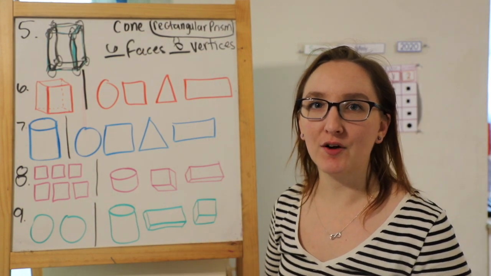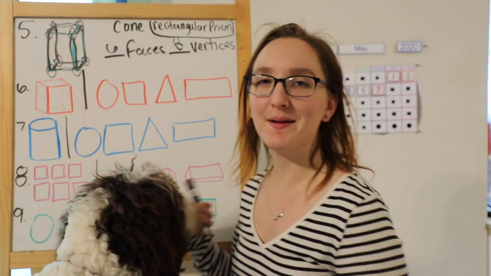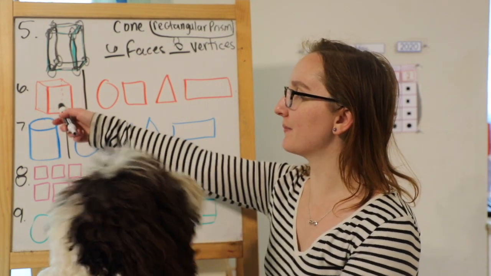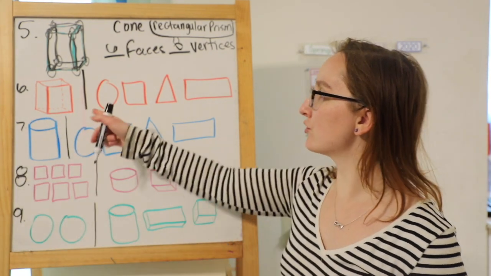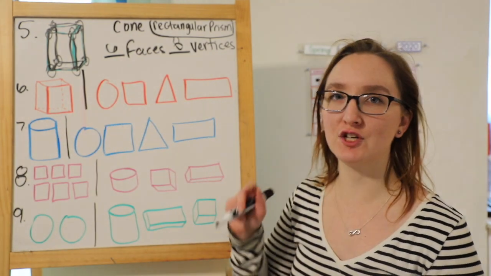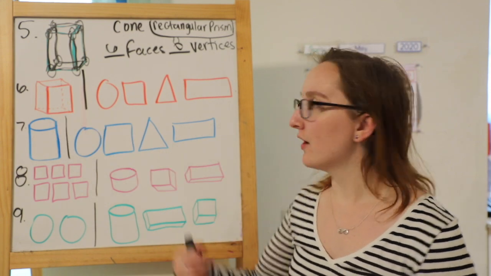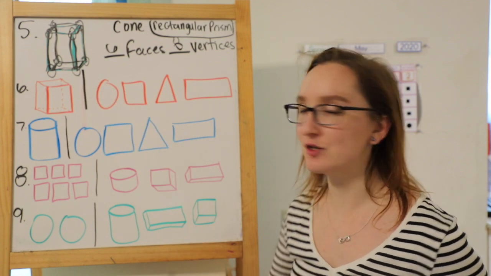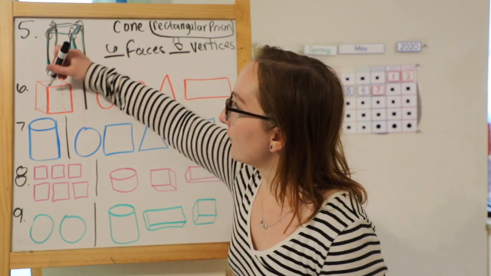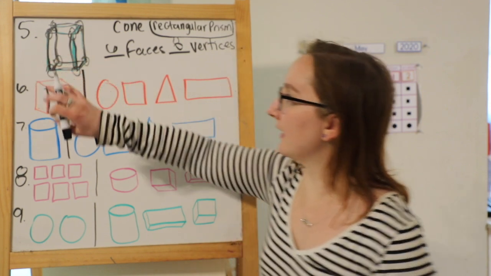And then we're going to start on the top of page 724. So now we're on number 6 and we see a shape that kind of looks like this one right here. We need to say which one of these 2-dimensional shapes is one of the faces on our 3-dimensional shape. So I'll go ahead and trace it so that I can see which one it is. So I trace it out, and this is the shape I get.